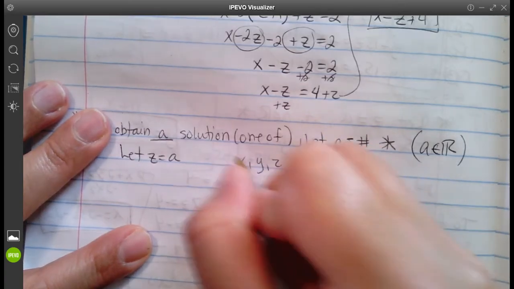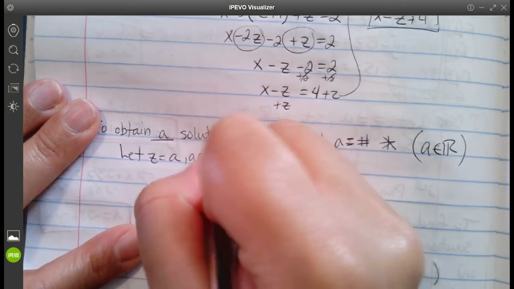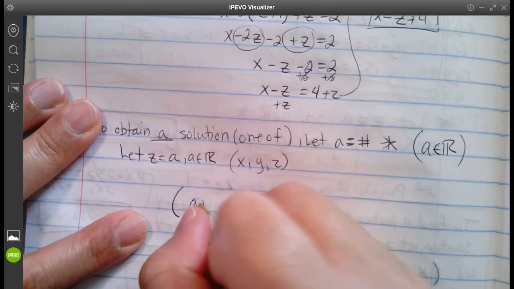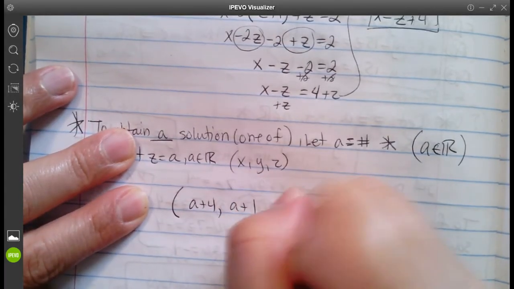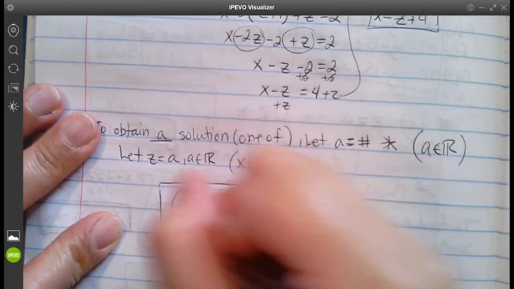Remember, x, y, z is what we're trying to get, such that a is a real number. Then our solution would look like the following: a plus 4, a plus 1, and just a.